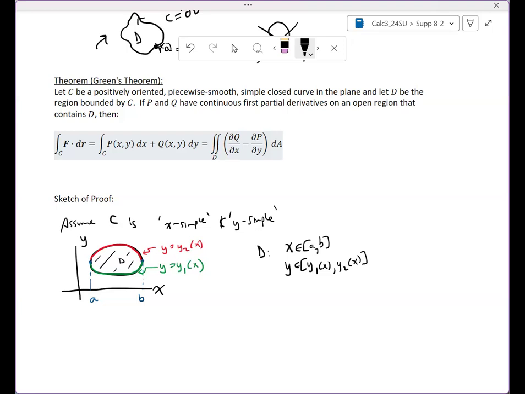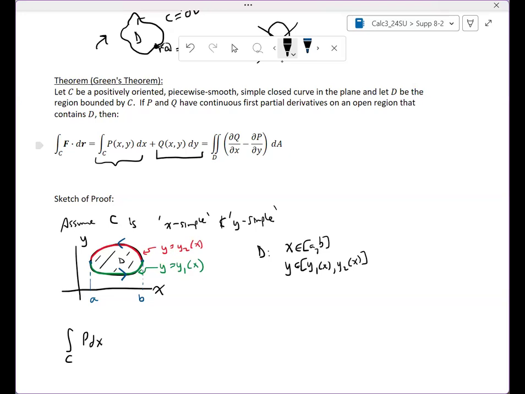Okay, so if I do have this, then if my curve is positively oriented, oriented in the counterclockwise direction, it should be traversed in the direction I've indicated here. Then let me take a look at one part of this integral, namely the integral of P dx. I'm going to leave the integral of Q dy alone for right now.